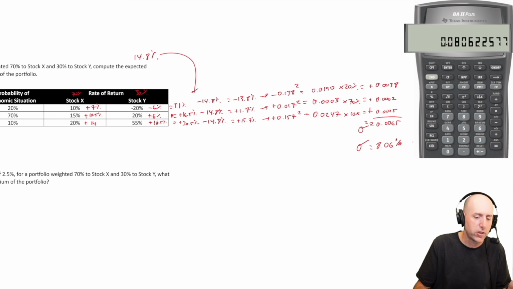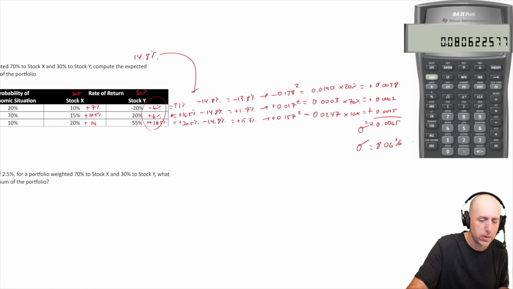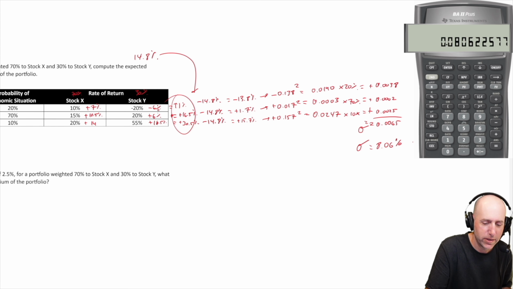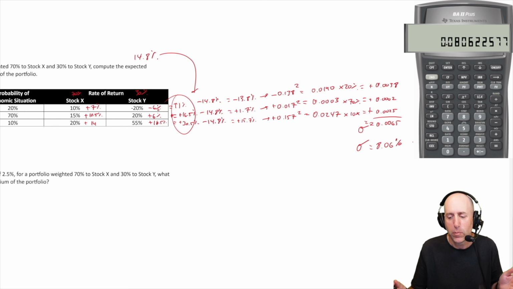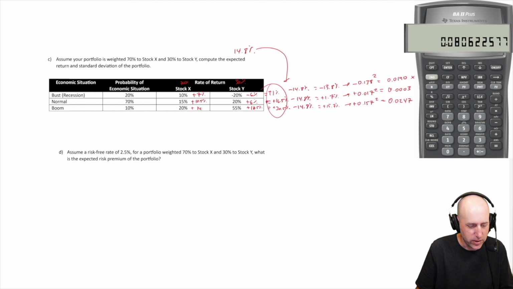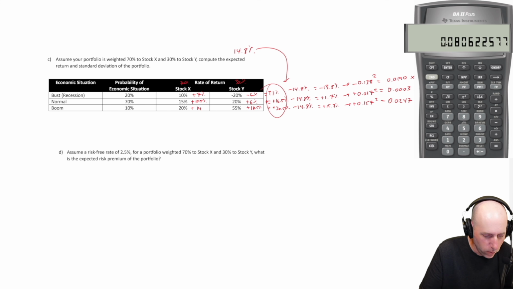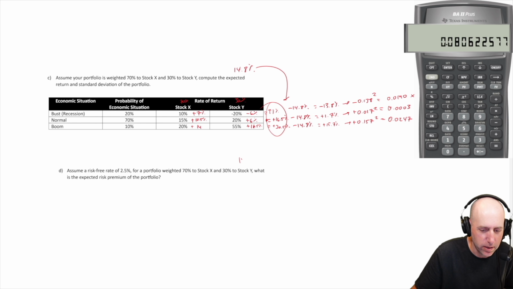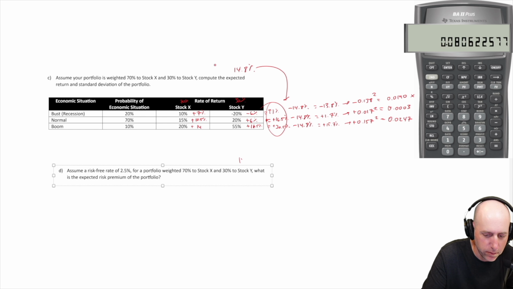So our standard deviation of these returns is 8.06%. To answer the question again, what's the expected return? 14.8%. What's the standard deviation? 8.06%.